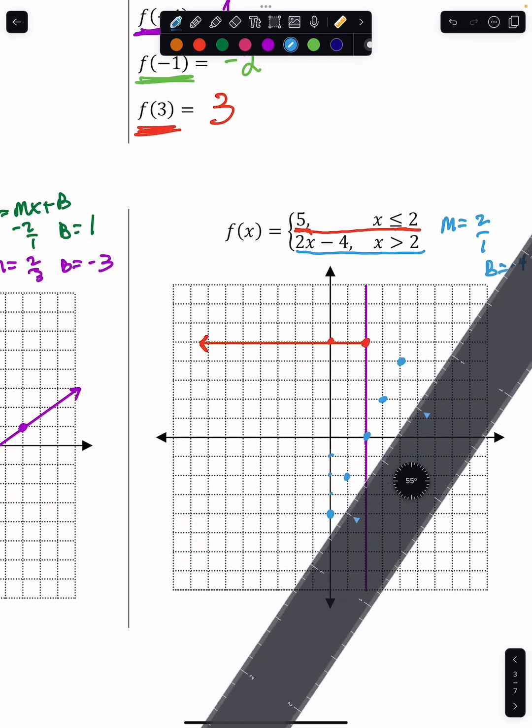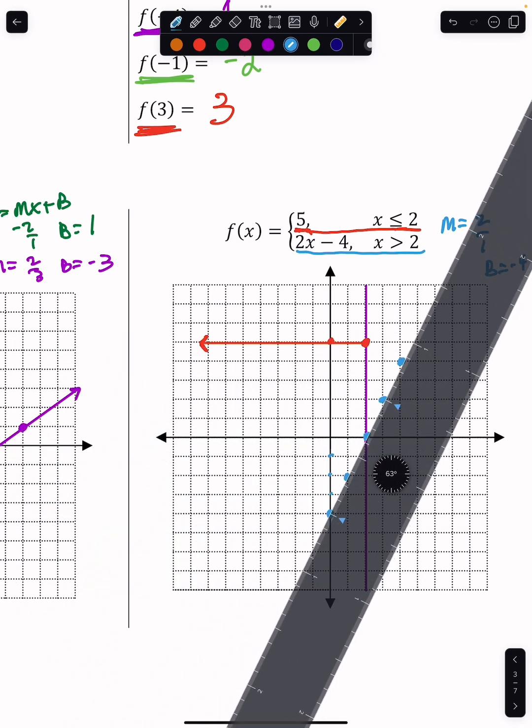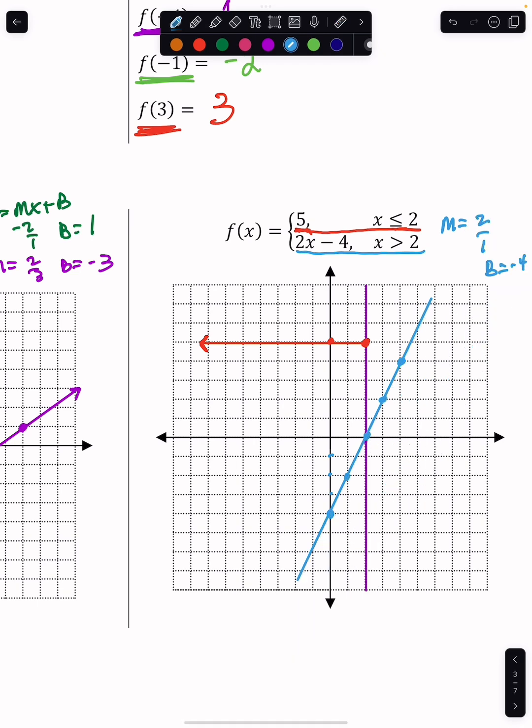Now, do I want the whole thing? No, I only want the part that's to the right. So that means I don't need any of this. Okay, so that's the correct line. And step 3 was to make sure I have the correct circles. On my blue line, should my circle have been open or closed?